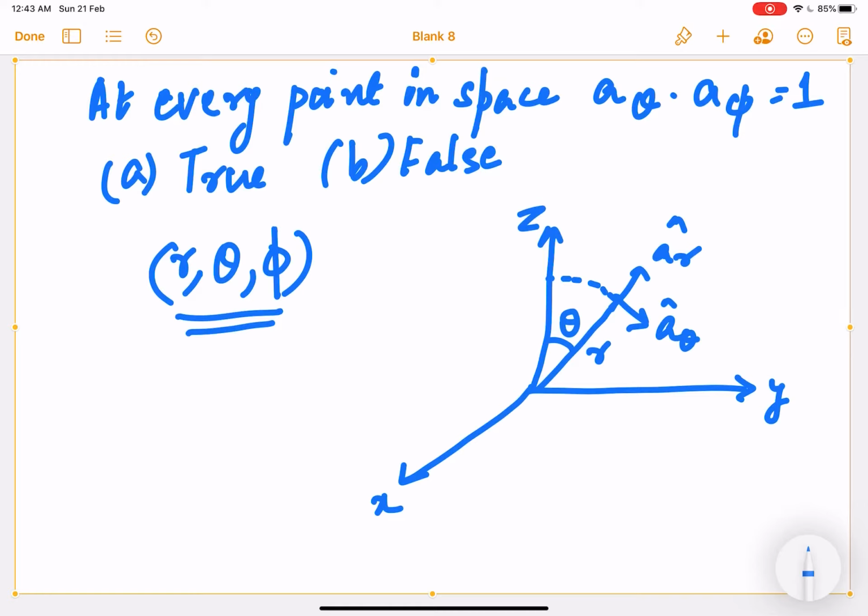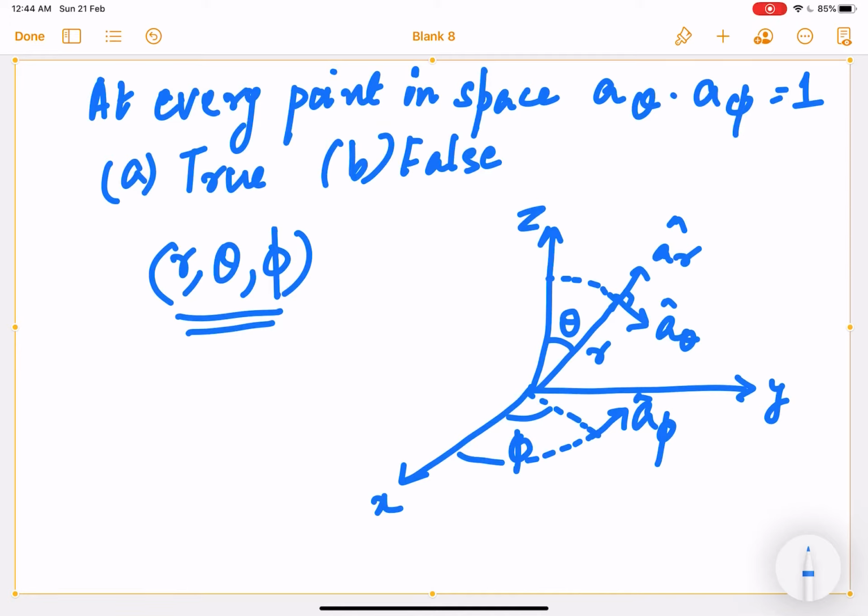Then next, A phi basically lies on the XY plane starting from X, and if I have to find the direction of phi, it's along this tangent. This is A phi. But one thing is that they are all mutually perpendicular to each other.